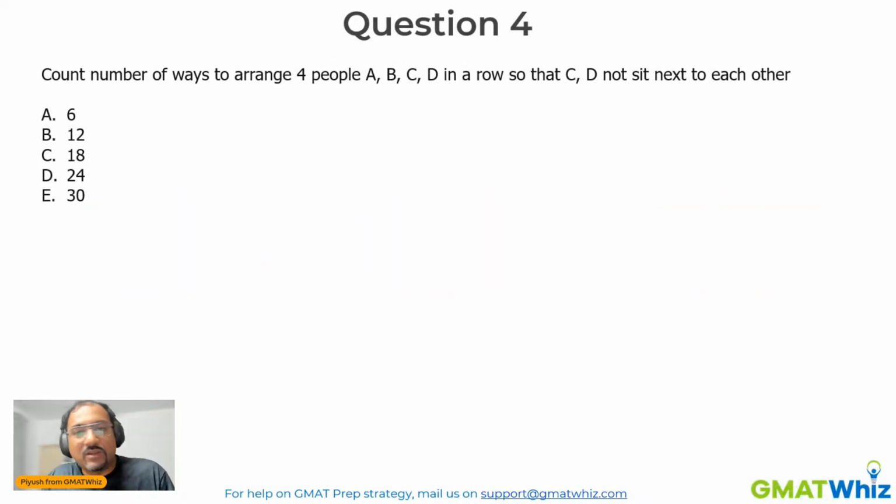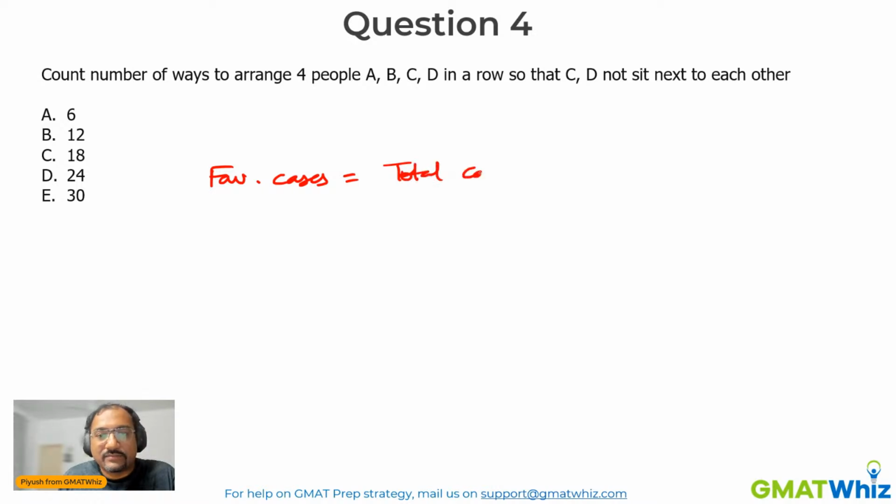So get to question number 4. Now, this again is a question where an important formula can be used. In PNC, favorable cases can be written as total cases minus unfavorable cases. So whenever you're solving a question in PNC, it's very important that you take a step back and strategize whether the favorable cases are going to be more or the unfavorable cases are going to be more.